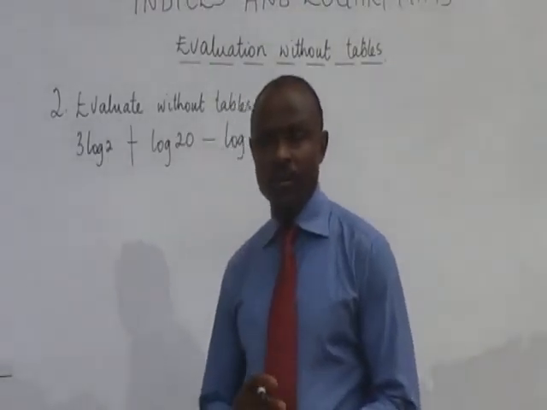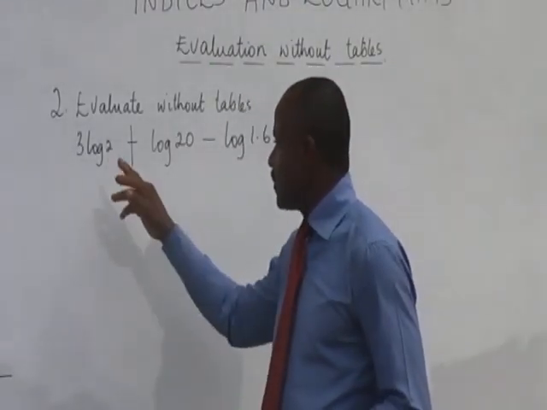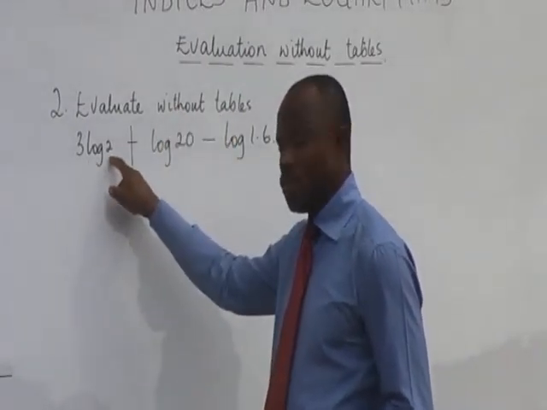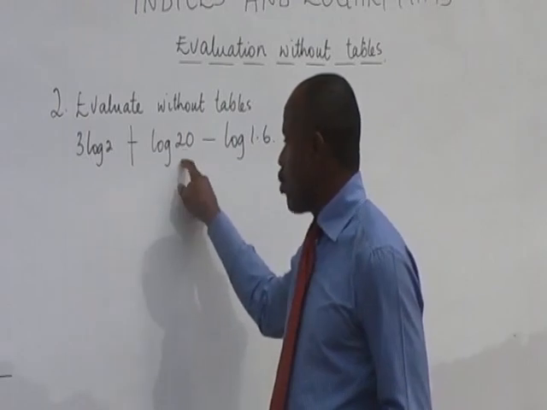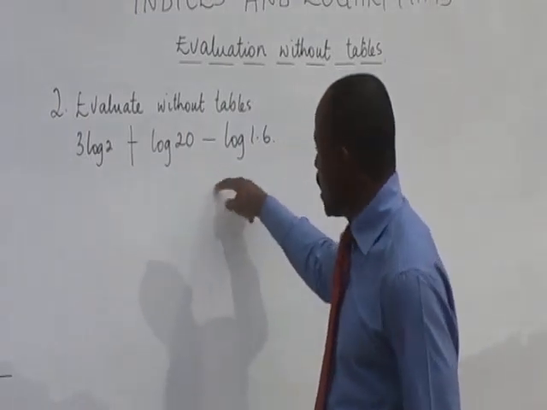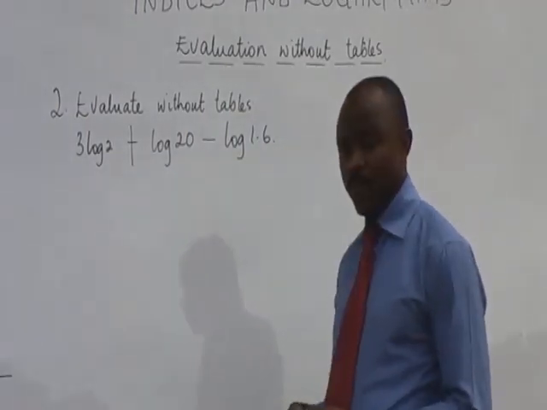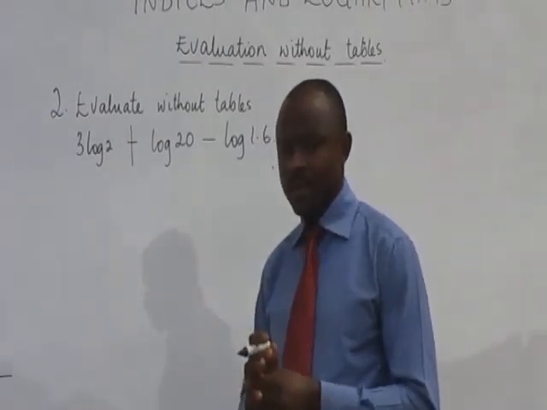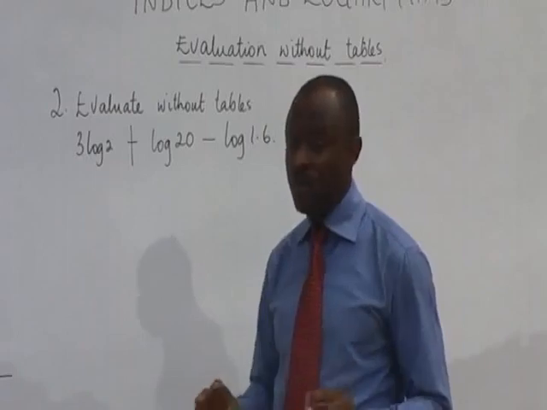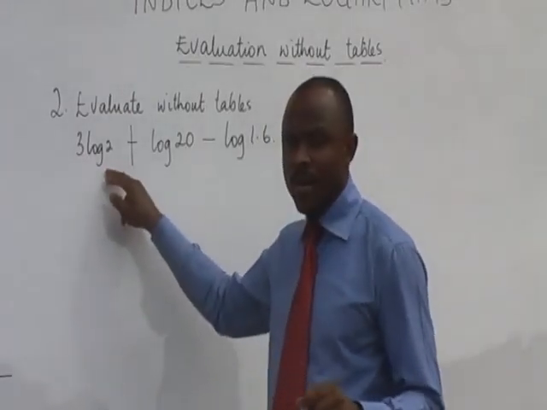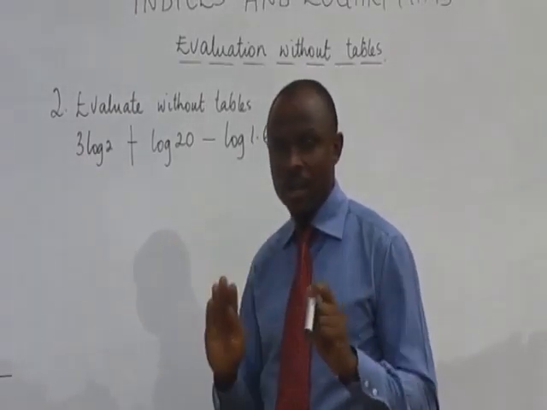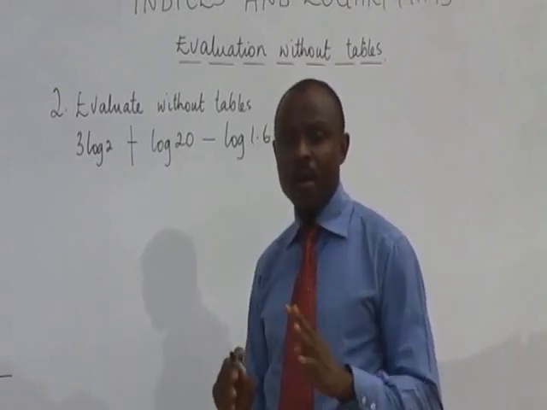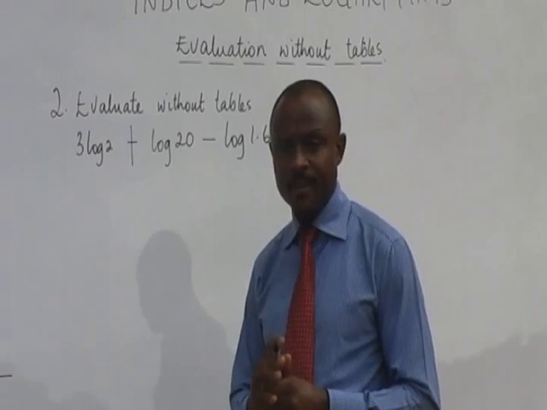Question number 2 says we should evaluate without tables 3 log 2 plus log 20 minus log 1.6. There's one thing I will tell you before I go into solving this. Whenever you see a logarithm and there is no indication of base, assume that that log is on base 10.